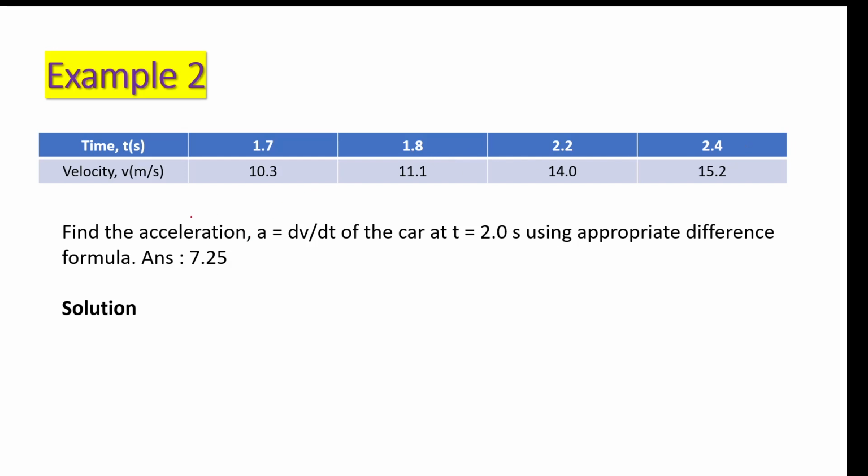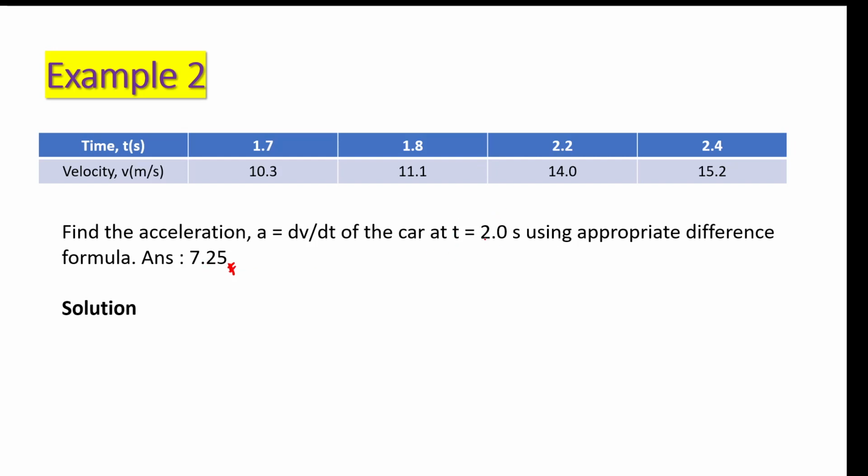Find the acceleration. A is actually equal to dv/dt of the car at t equal to 2 seconds using the appropriate difference formula. The given answer is 7.25.